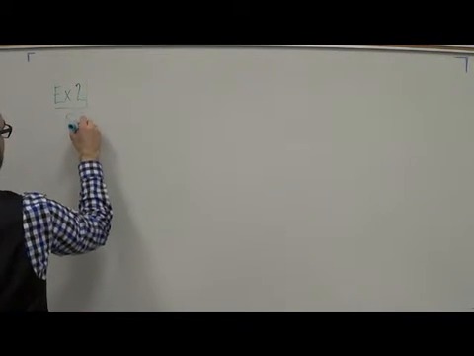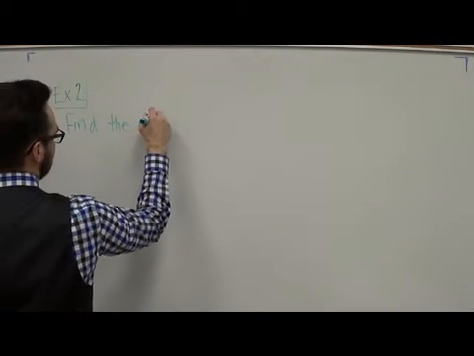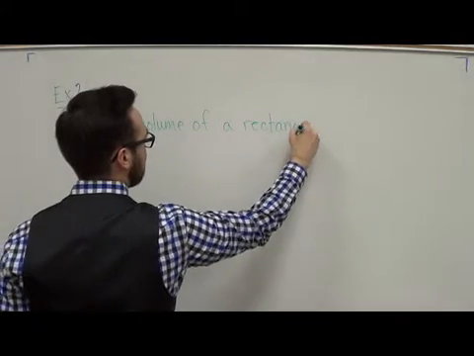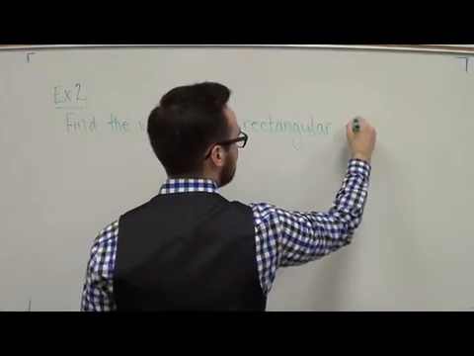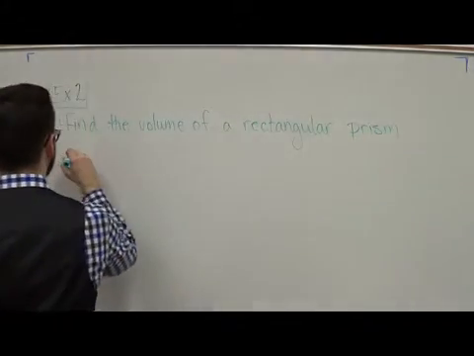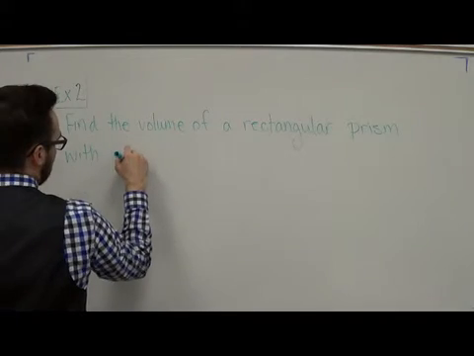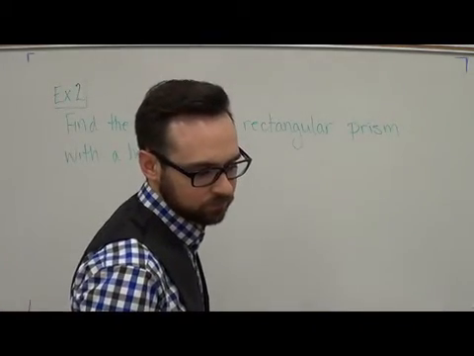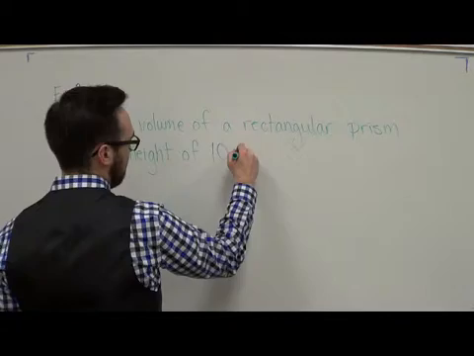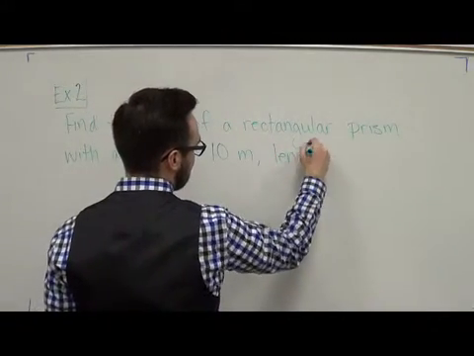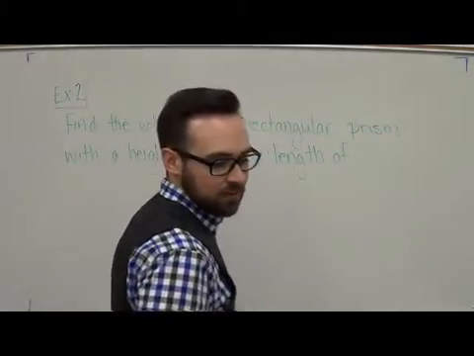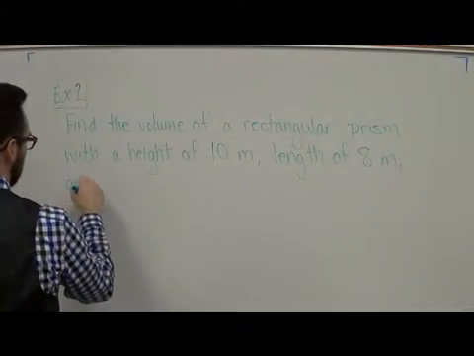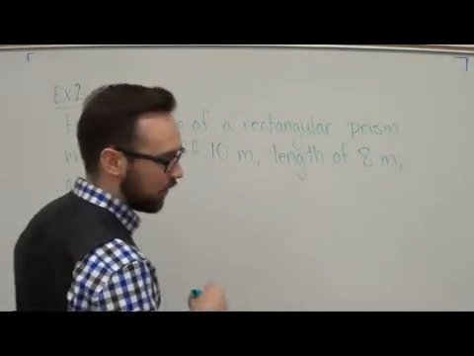So it says, find the volume of a rectangular prism with a height of 10 meters, length of 8 meters, and width of 7 meters.